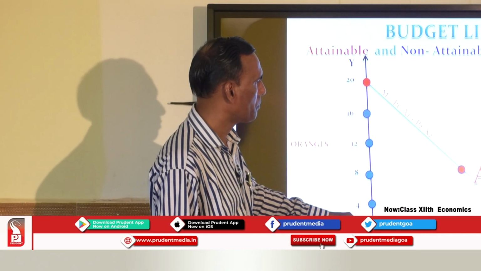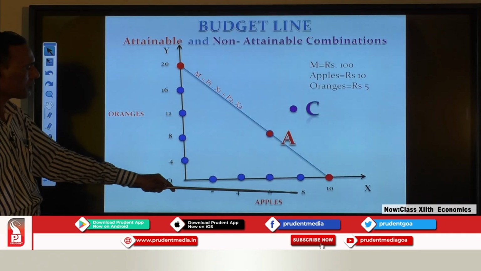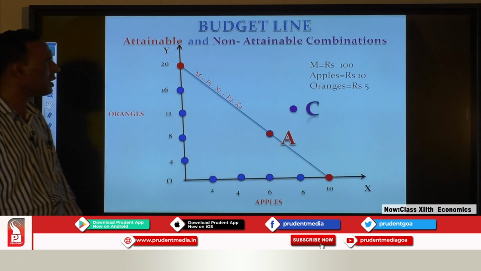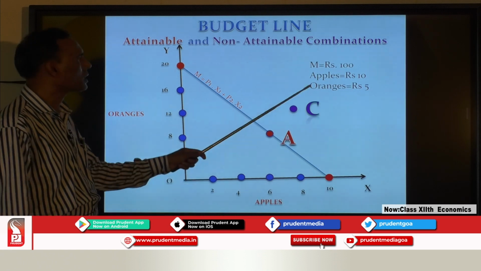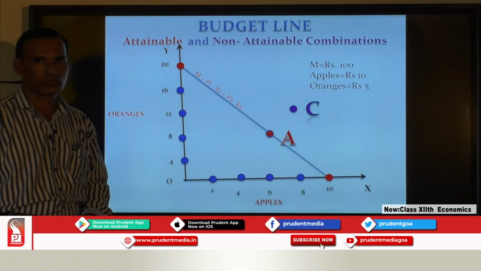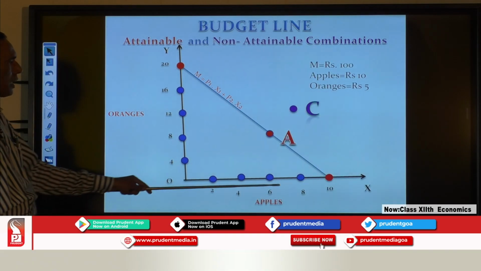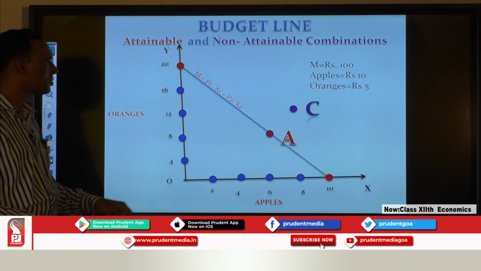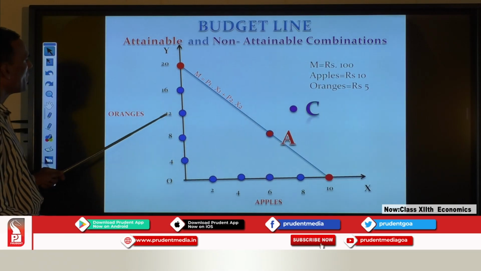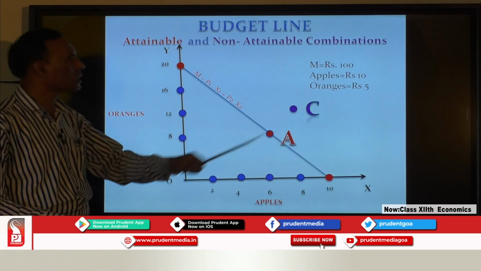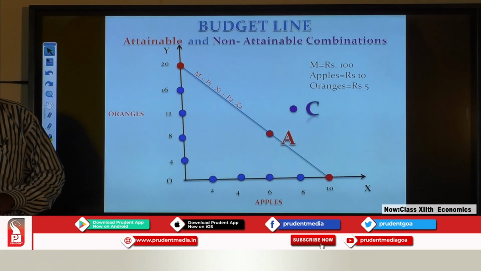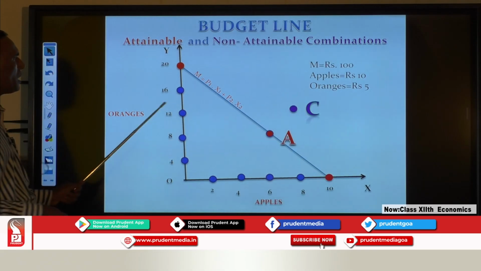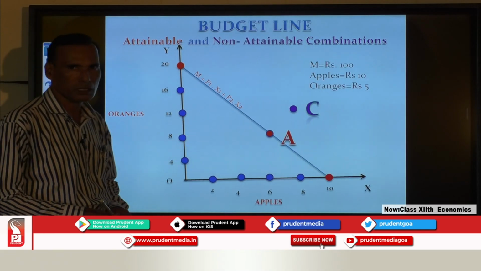Point C. In this, the consumer is buying 8 apples costing 10 rupees each. So 8 into 10 will give you 80 rupees. Similarly, he is buying 12 oranges costing 5 rupees, so the total amounts to 60 rupees.